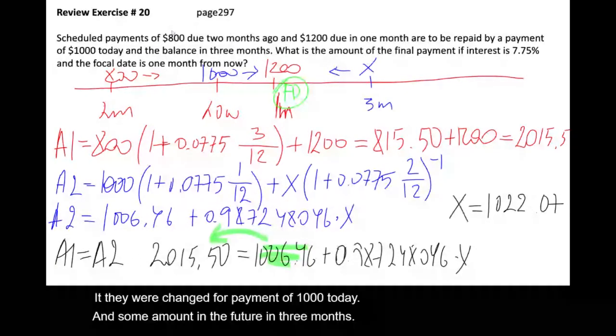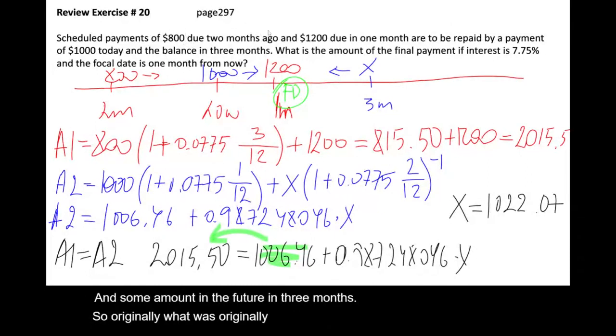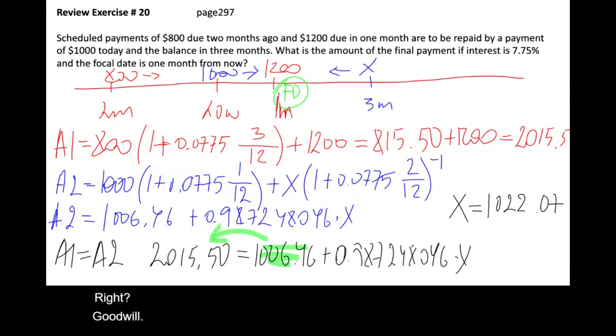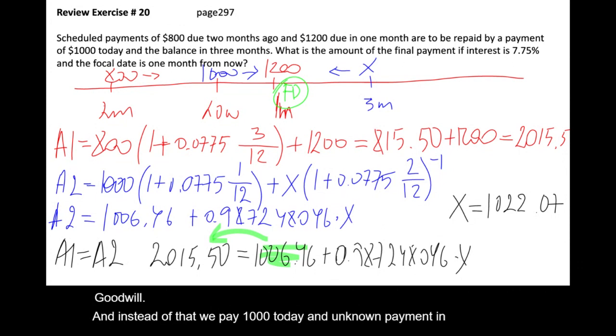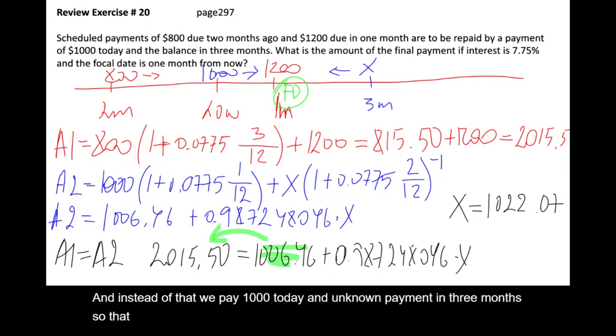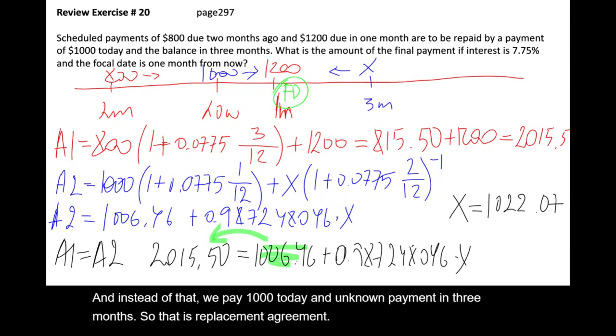So the original agreement was 800 and 1,200, right, Ludmila? And instead we pay 1,000 today and an unknown payment in 3 months. So that is the replacement agreement. Is that more clear?